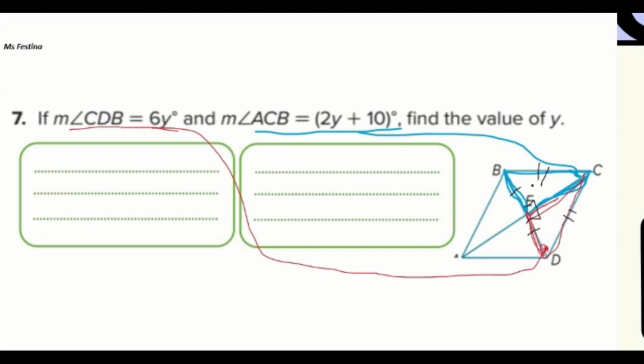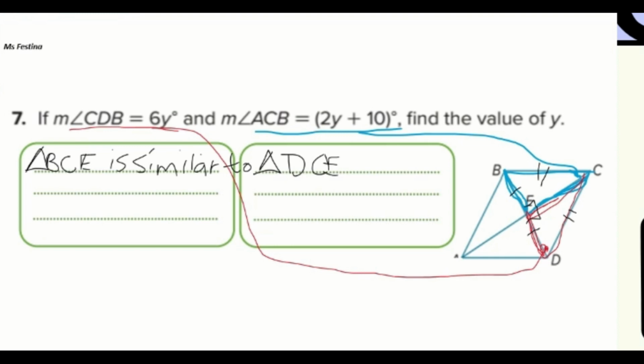So these two triangles are similar to each other because of side, angle. So I'm going to write that triangle BCE is similar to triangle DCE.